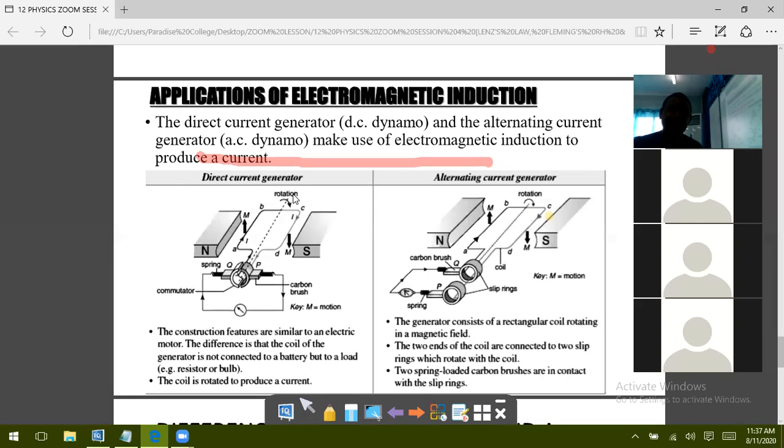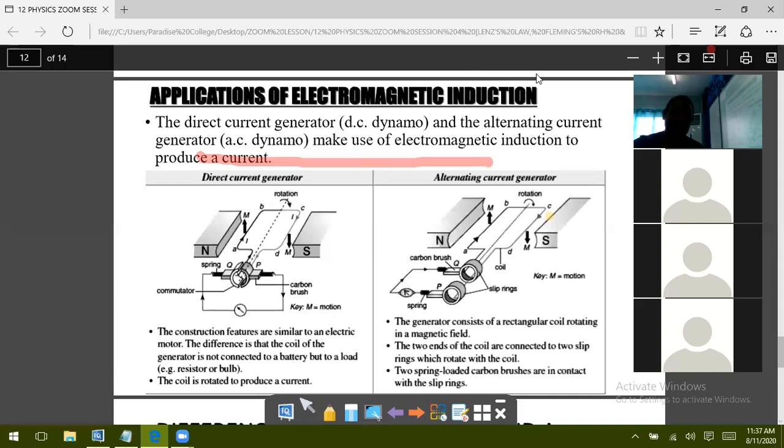Generator is a common application of electromagnetic induction, because the movement and the magnet, the combination of those, produces electricity. Did you get that? That's one of the main applications of electromagnetic induction.